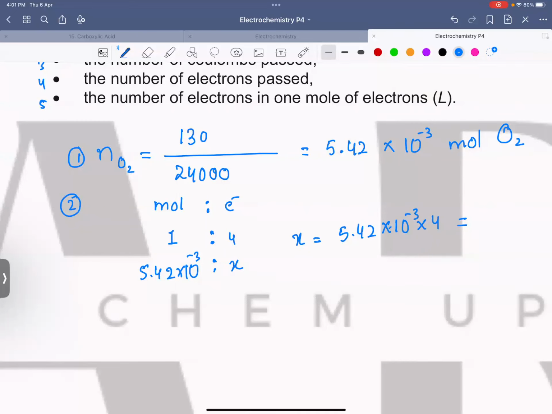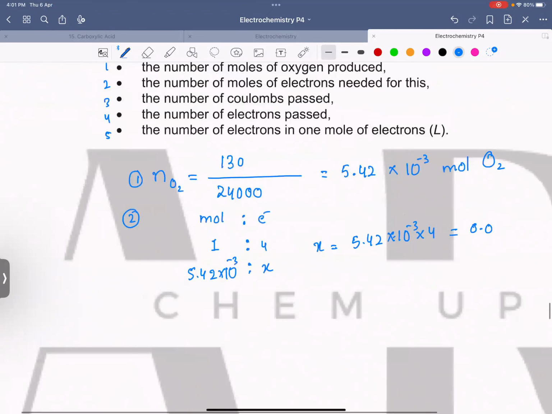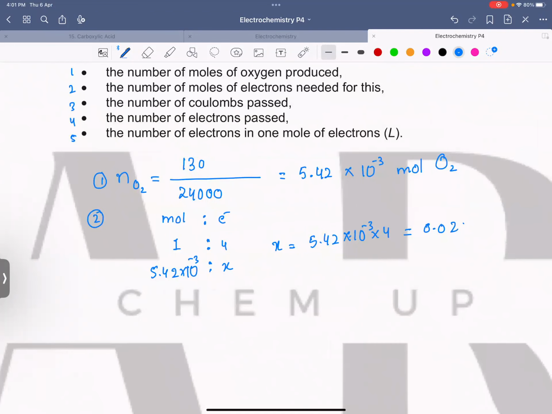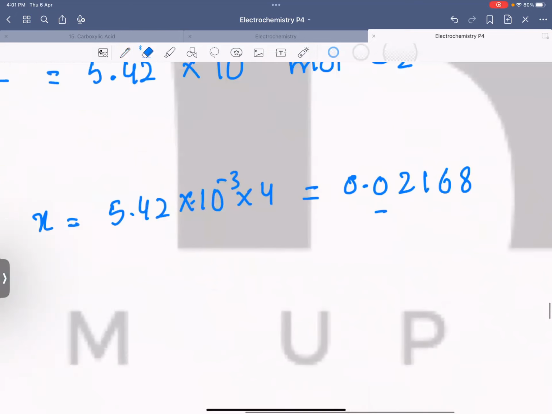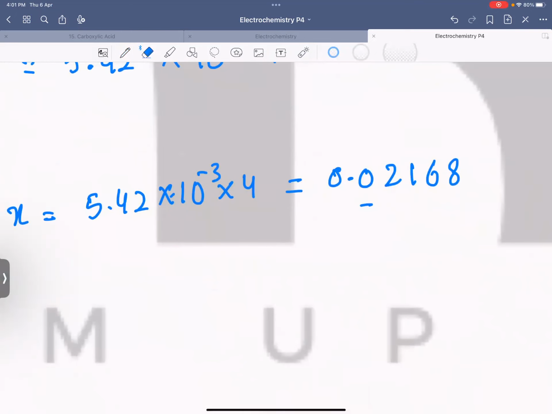0.02168, see this is the answer if you got it. So normally we do write this kind of answer in scientific notation if we have more than one zero over here.